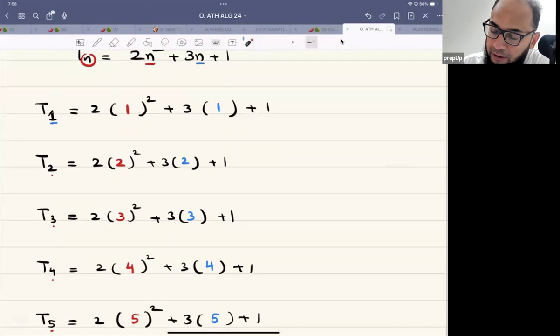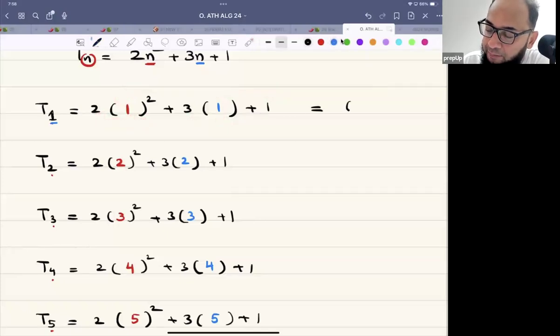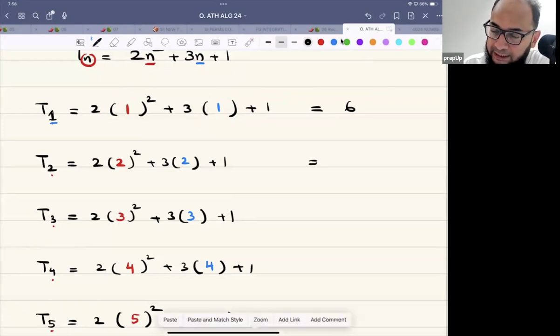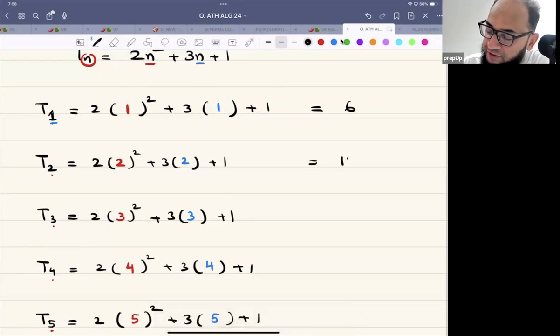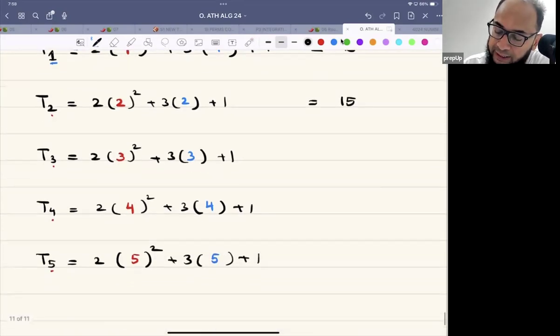First of all, 2 into 1 is 2, plus 3 plus 1, this comes out to be 6. That is the first number. 2 square is 4, 4 into 2 is 8, 8 plus 6 is 14, 14 plus 1 is 15. 3 square is 9, 9 into 2 is 18, 18 plus 9 is 27, plus 1 is 28.